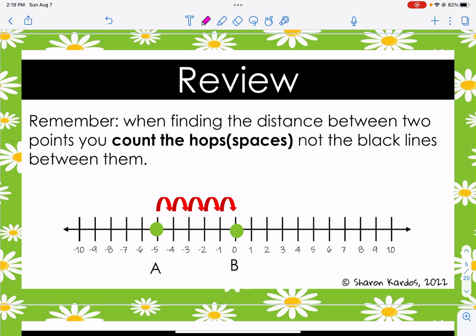This is a common mistake that I see students make when we're working on absolute value, because we're going to be counting the distance between two numbers. So lots of times students will count these black lines in between point A and B, and they'll tell me that the answer is 4, but that is not correct. Okay, don't count the black lines, you're going to count the hops.